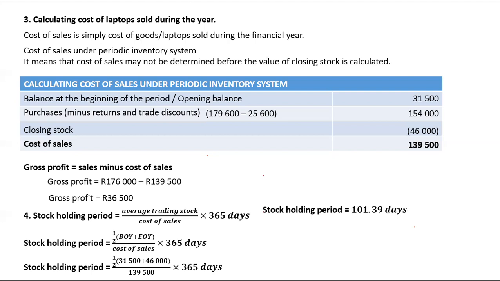That gives you a stock holding period of 101.39 days. So that's how long we will be holding our trading stock, which is slightly above 3 months. So we expect to hold stock for between 3 to 4 months.